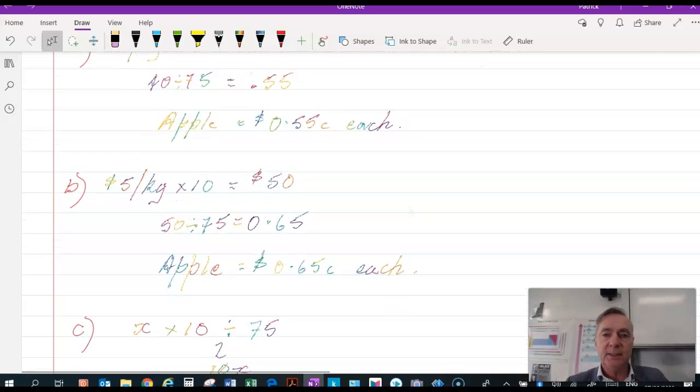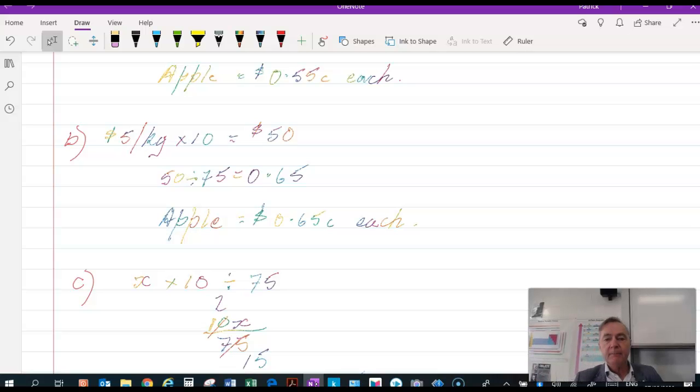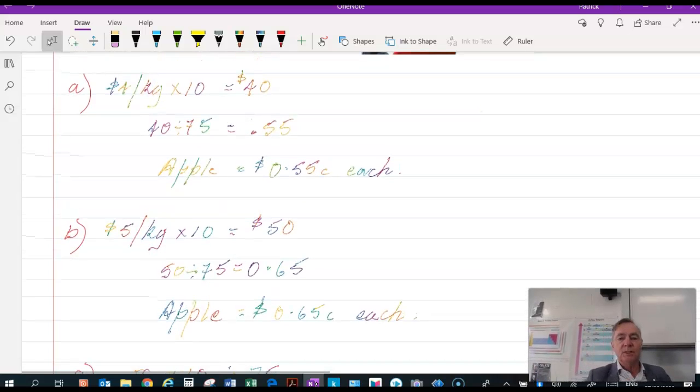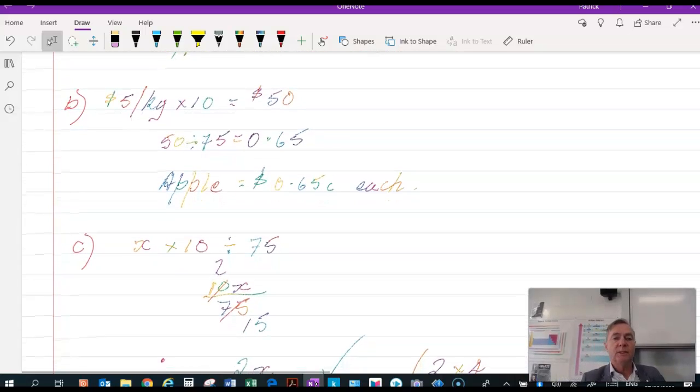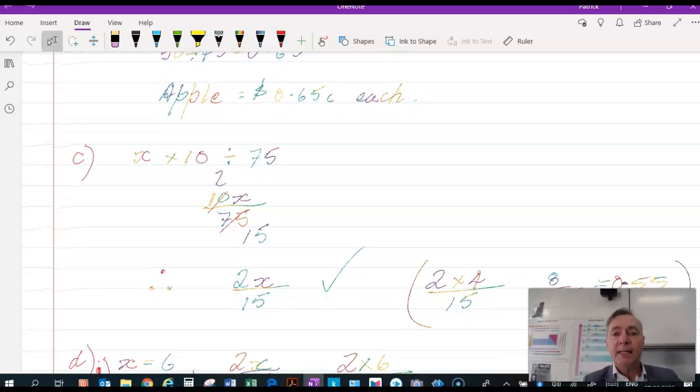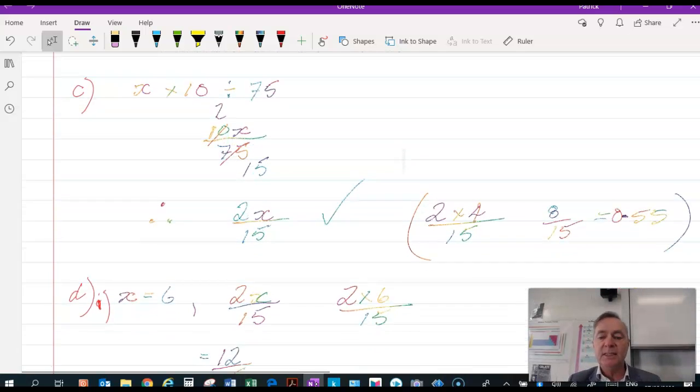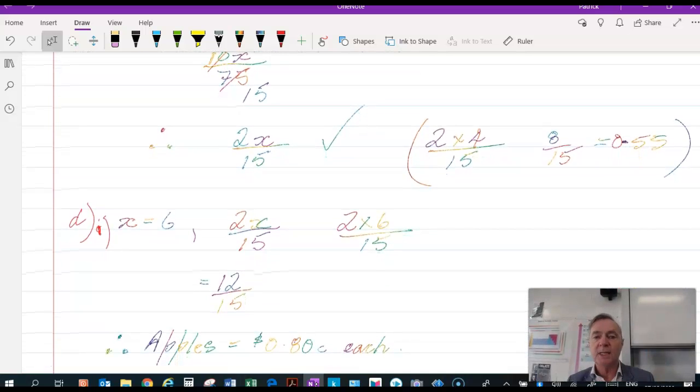So she needs an expression to do that, and we worked out how much it would cost if it was $4 a kilo in part A. Then we worked out the cost if it was $5 a kilo in part B. And we worked out an expression based on what we did, and we saw that it's 2x over 15, because we cancelled down 10x over 75.